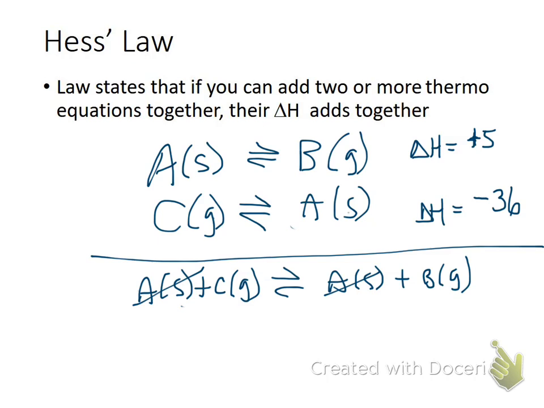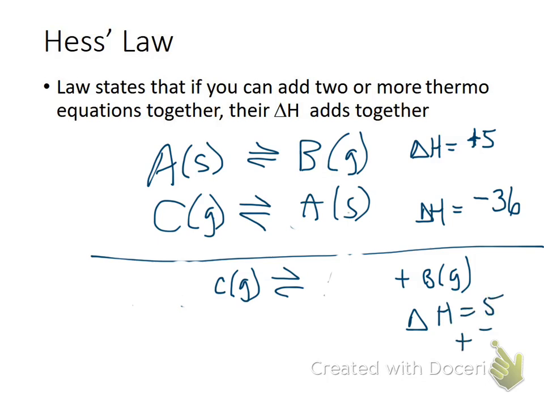So what are we left with then? Well, if I remove these, just kind of delete them, what I'm left with is just B goes to C. When B goes to C, the delta H here is 5 plus negative 36.